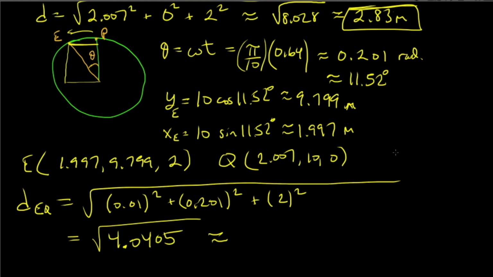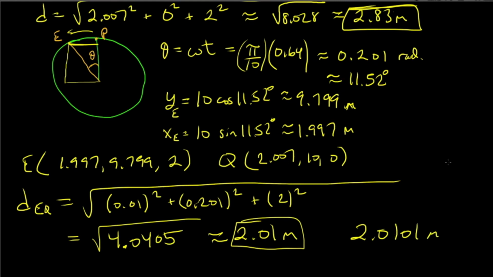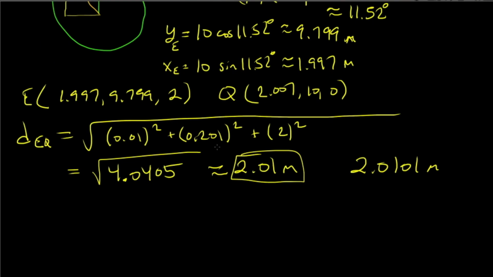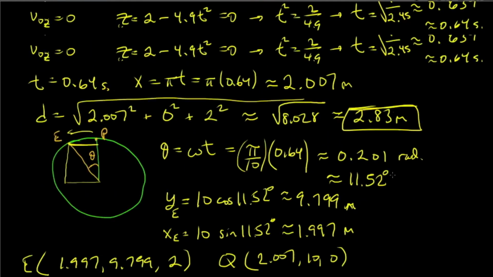Yep, 2.01, almost exactly. So 2.01 meters. It's 2.0101 if you really want to be precise about it. See, I'm getting sloppy here. But I guess we're rounding to 2 decimal places, so that's fine. Of course, it's good to keep 3 decimal places here for accuracy.